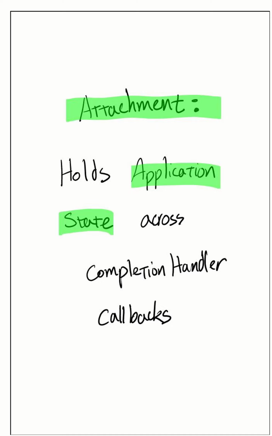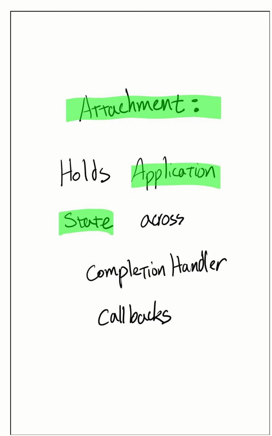When you are using the callback API rather than the future-based API, an attachment allows you to maintain application state across completion handler invocations, or your callback invocations.